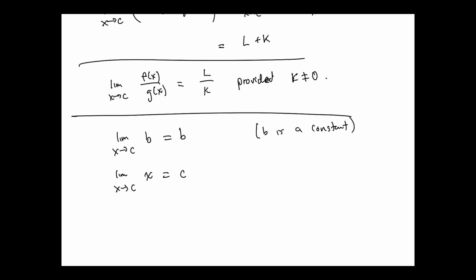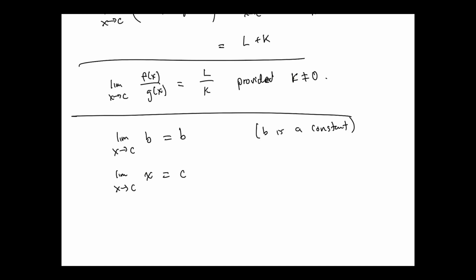what's the limit as x approaches 9 of f of x plus g of x? What two things do we need to know to answer that question? Right, we need to know two pieces of information: what's going on as x approaches 9 of the function f, and also the function g.